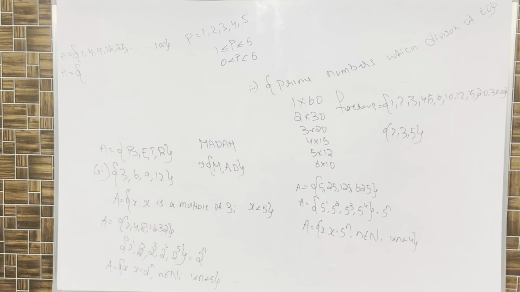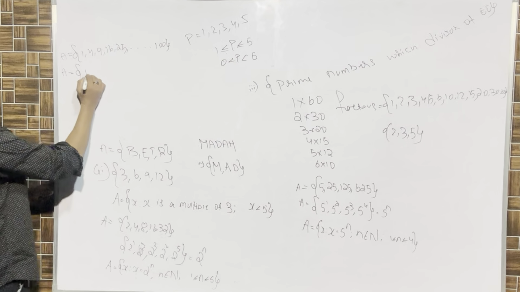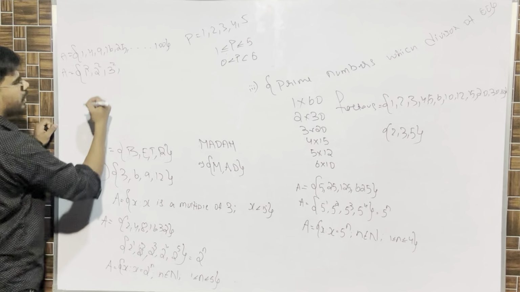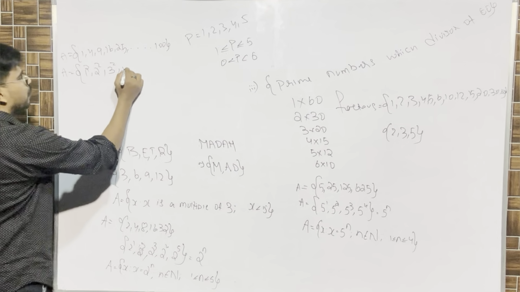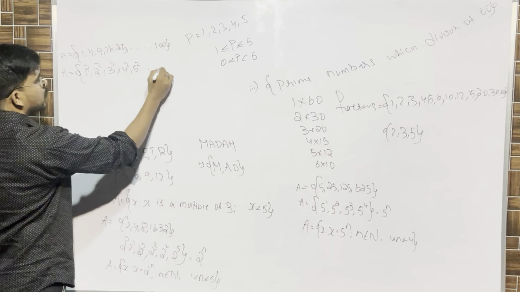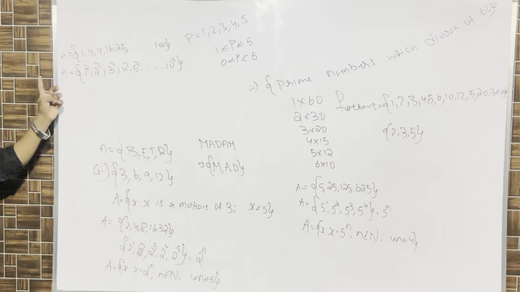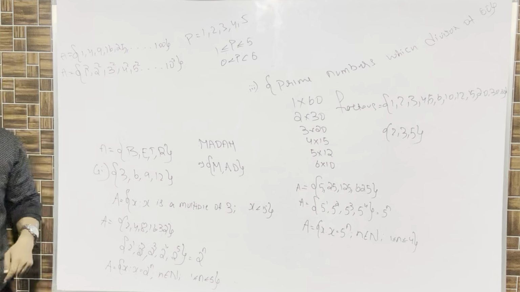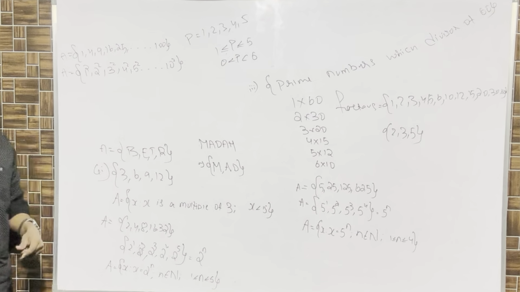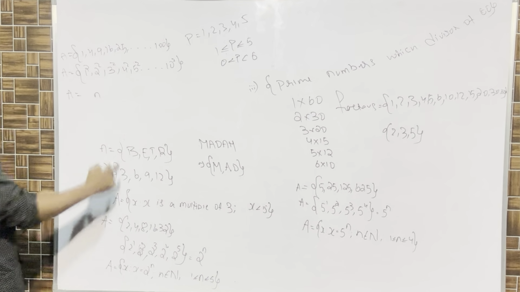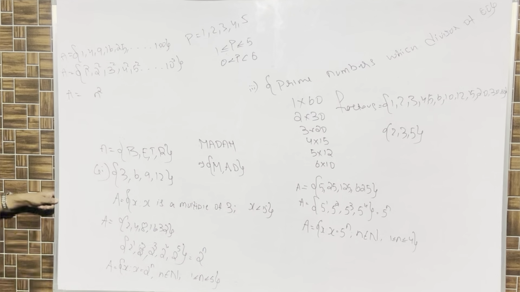These all numbers are perfect squares. 1 can be written as 1 square, 4 as 2 square, 9 as 3 square, 16 as 4 square, 5 square, so on up to 10 square. Now, what is same, what is changing? Power is same, base is changing. So base is changing, that's why I am writing it with a variable n. Power is same, that's why it is n square. The general notation of this set is n square.